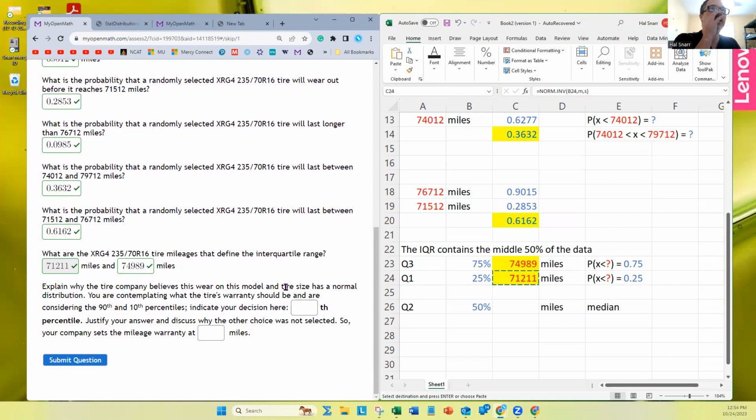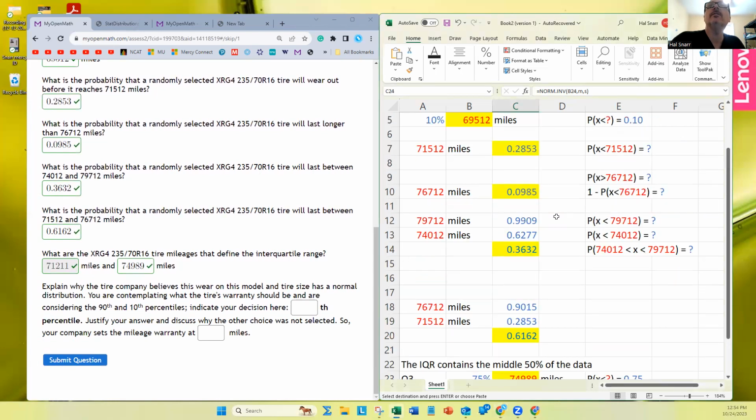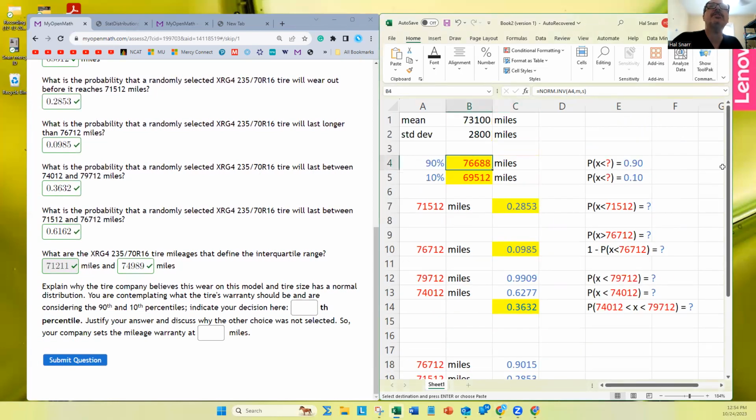Okay, so if you pick the 90th percentile as your mileage warranty, and your customers buy your tires from you and they treat the tires fairly, they have them properly inflated, they rotate and balance them, they don't have any alignment issues, they don't have any suspension issues, if that's your mileage warranty, you're going to end up warrantying 90% of your tires. So you definitely don't want to choose the 90th percentile as your mileage warranty.